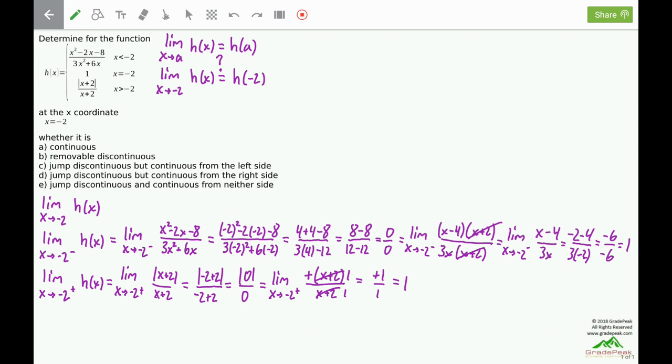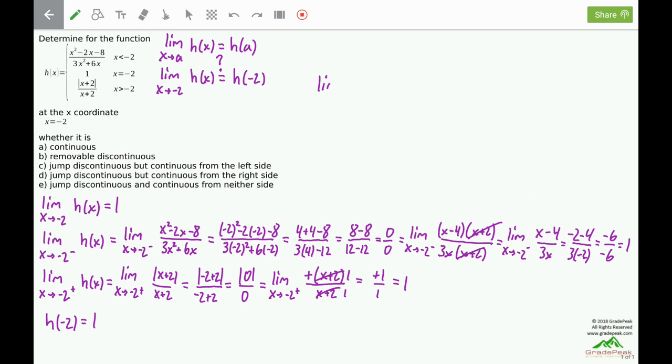To determine the two-sided limit, we would compare the results of the one-sided limits. There they are. They're both a 1. So the two-sided limit up here is also a 1. The next thing we want to determine is h of negative 2. H of negative 2 is right at negative 2, so at the split expression function we look where x equals negative 2, and that's here, and h of x is a 1 there, so h of negative 2 will be a 1.